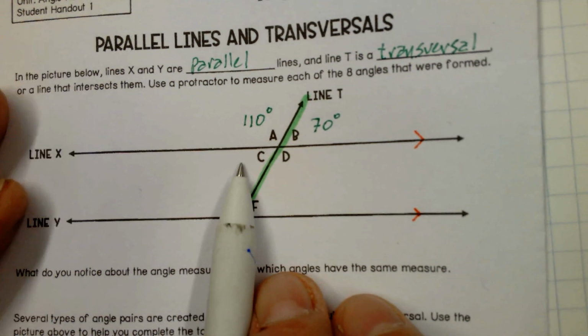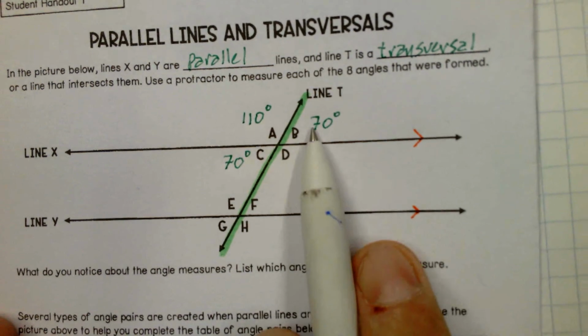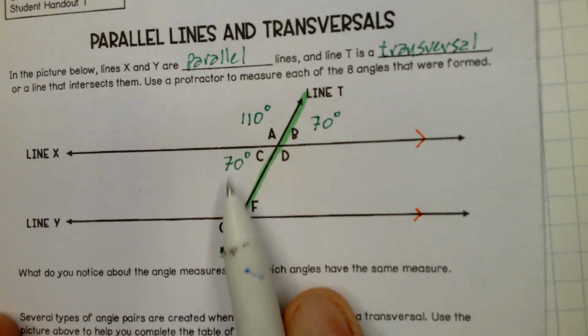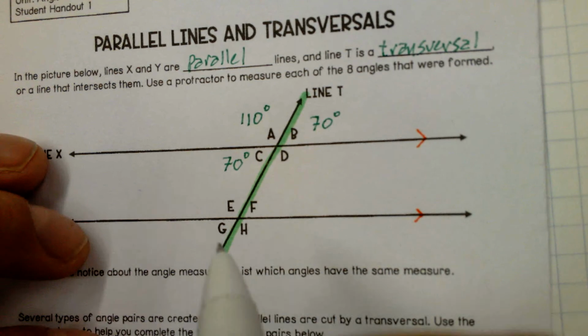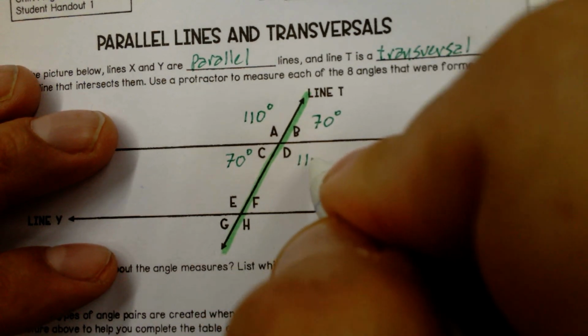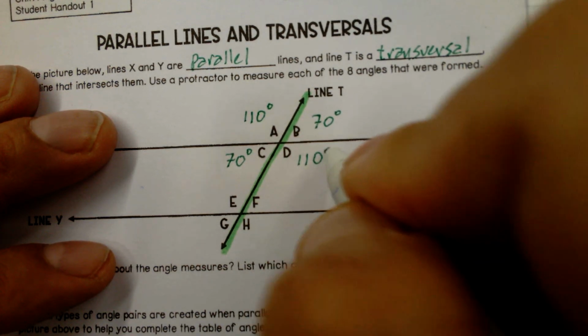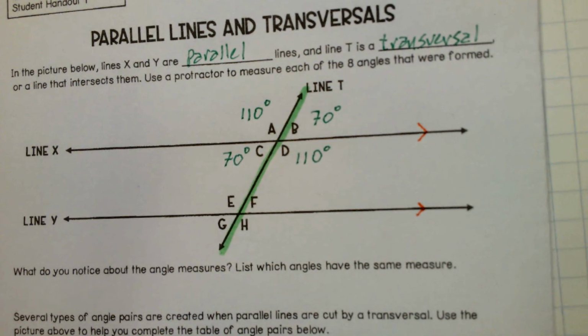This angle here, angle C, is going to be 70 as well, mainly because angle B and C are vertical angles. And because of vertical angles, this is also 110, because angles A and D are vertical. And we'll get into vertical angles a little more in a little bit.